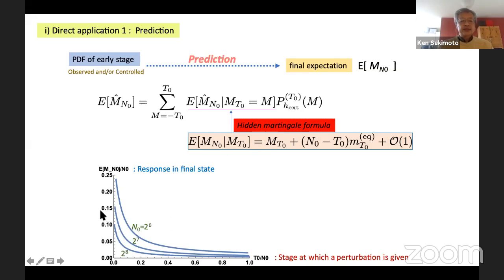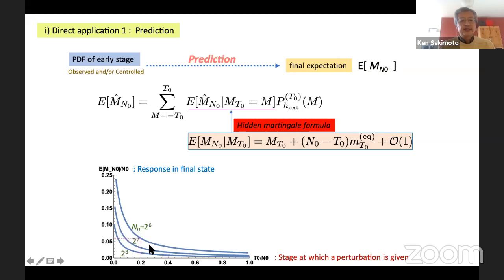This graphic shows the response in the final state, or final expectation, of the total frozen spin as a function of the stage, or the fraction of stage, at which the perturbation is given. For example, if I add the perturbation when 20% of the spins has already been fixed, then the effect on the final expectation of total frozen spin is about 5%.